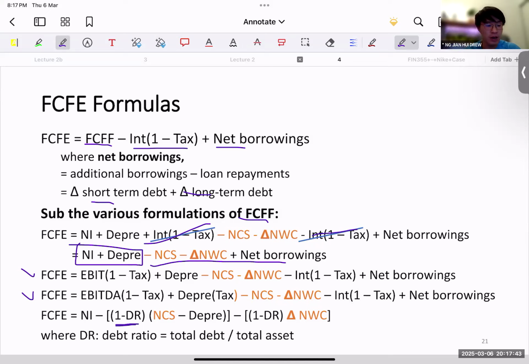This is where the debt ratio is your target debt ratio, given by your total debt divided by your total asset. We have one example in a subsequent slide to show you using the debt ratio formulation.